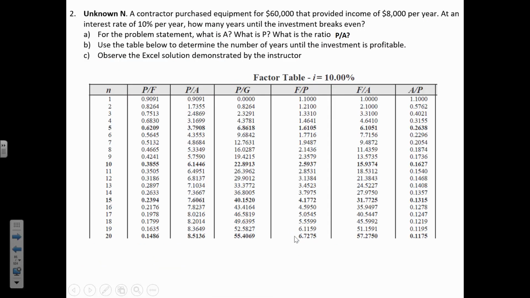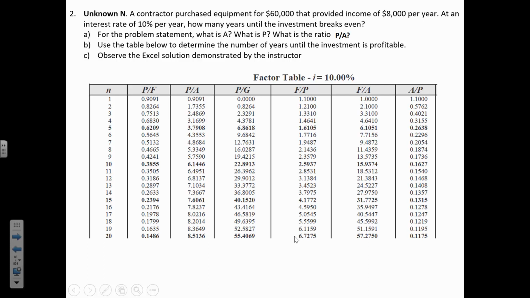So problem 2 in the in-class exercise, if you have your paper from last time, please get that out so that you can copy a few things onto the page. This is the statement that we had in that problem. A contractor purchased equipment for $60,000, so P equals $60,000, and that's a cost.